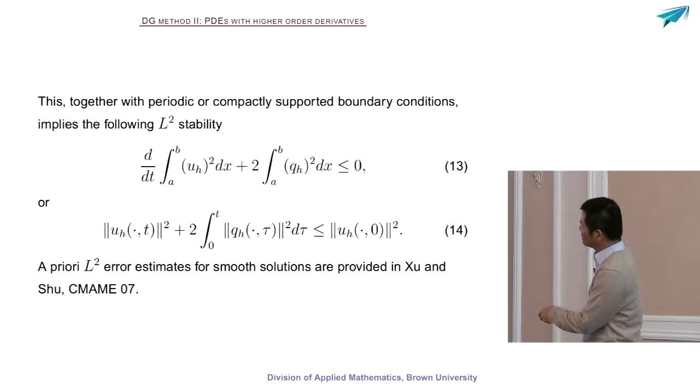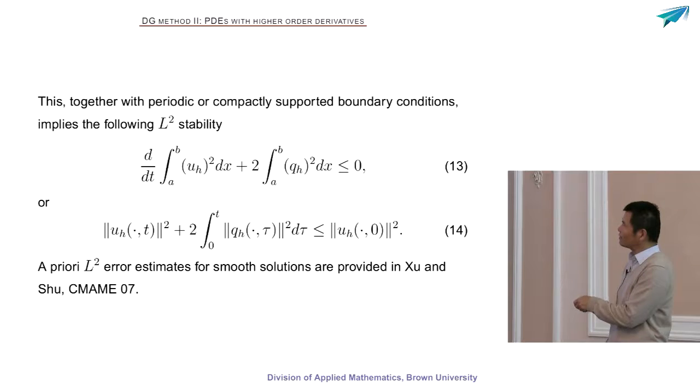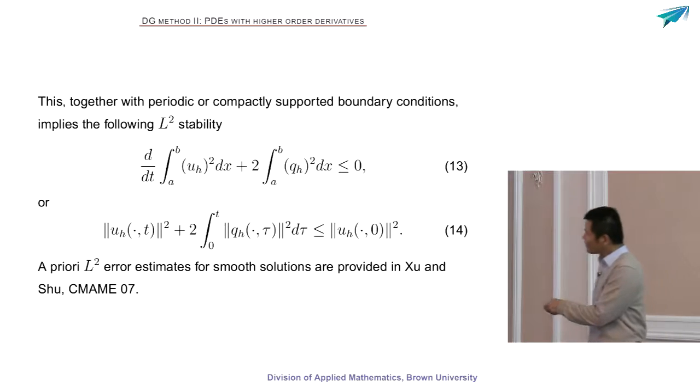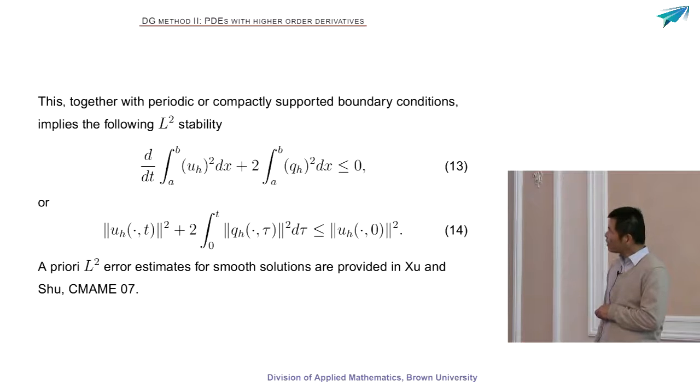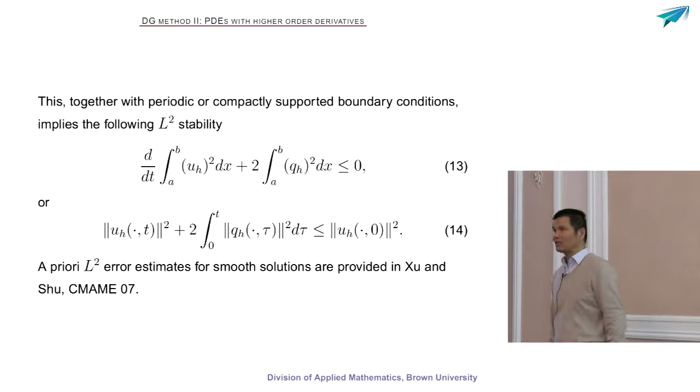So you get this stability estimate, right? d/dt of the L2 norm squared plus this positive thing which involves the derivative. Remember, q approximates the derivative of u. So this sum of these two things is less than or equal to 0. The L2 norm of the solution at the later time t plus the L2 norm of the derivative in space and time is less than the L2 norm of the initial condition.